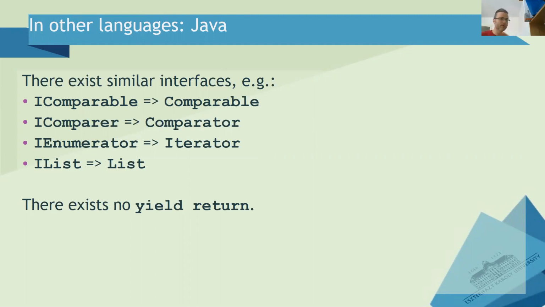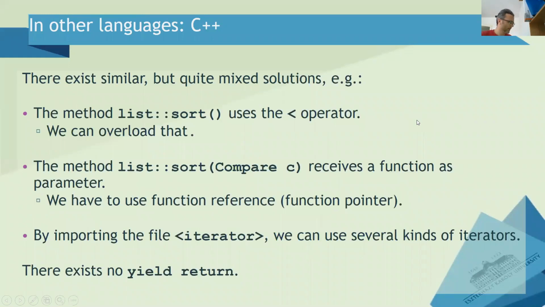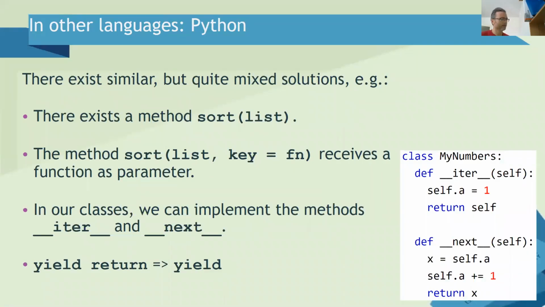So you always have to implement your own iterators. In Java, they are called iterators, which is more complicated, but anyway. But other languages, for example Python, in Python you can find the yield keyword.